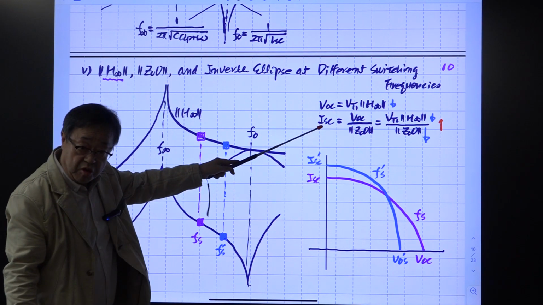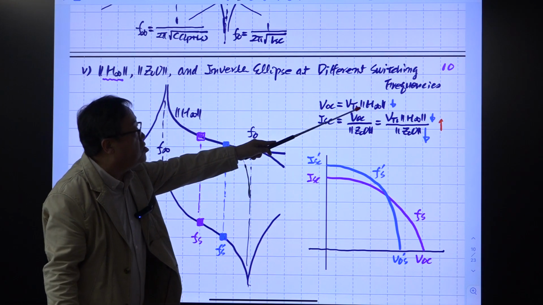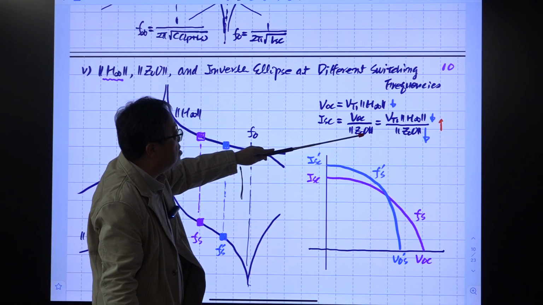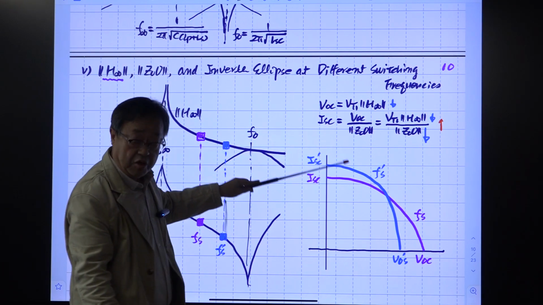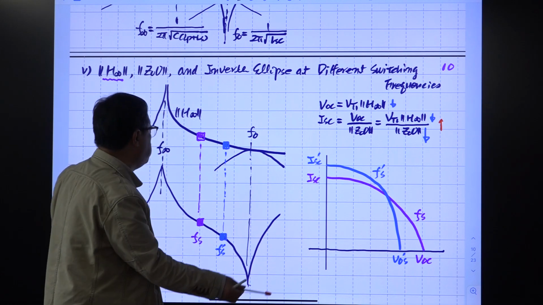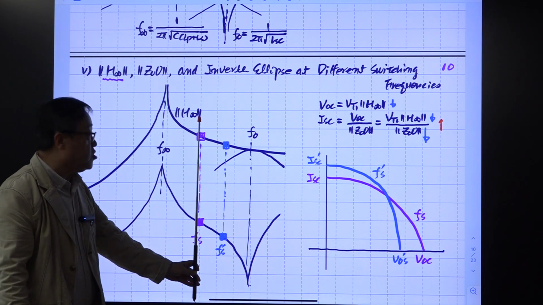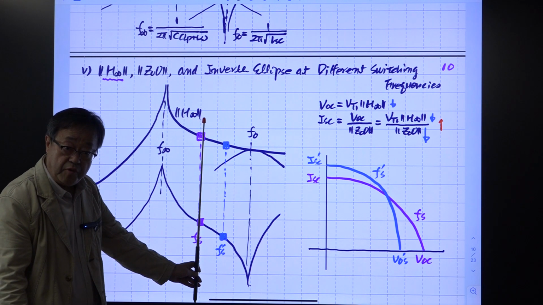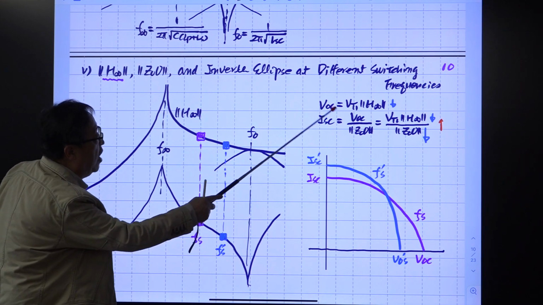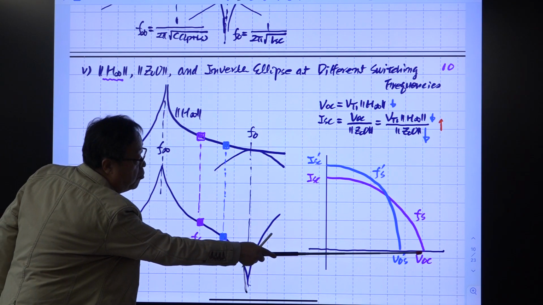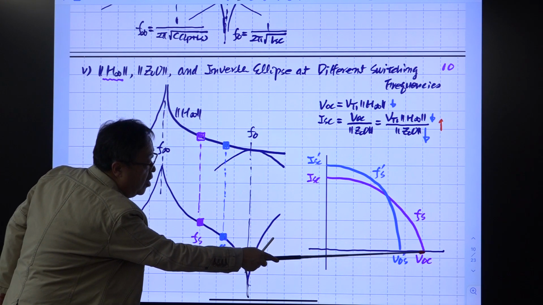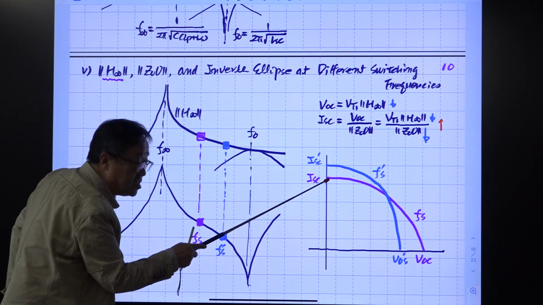This open circuit voltage divided by this short circuit output impedance is the short circuit current. First, assume the switching frequency was here, then you have some value of this, which is this purple color. So initially you have VOC here, ISC here.